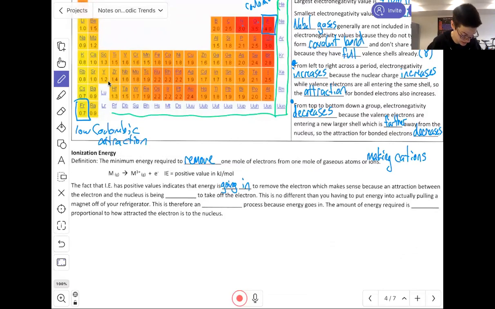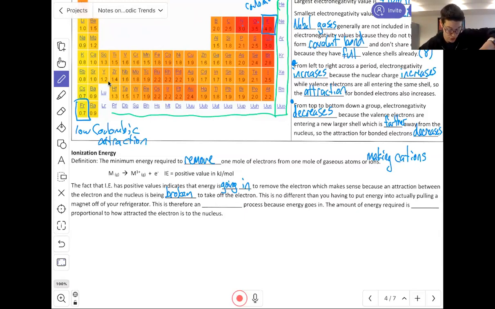And that should make sense because there is attraction there, all right? So think of this as like pulling a magnet off your fridge. Which makes sense because an attraction between the electron and nucleus is being broken. We have to break the attraction between the electron and the nucleus to pull off an electron. So this is like you actually physically pulling a magnet off of your fridge. It requires energy for you to do that because the magnet and the fridge have an attraction.